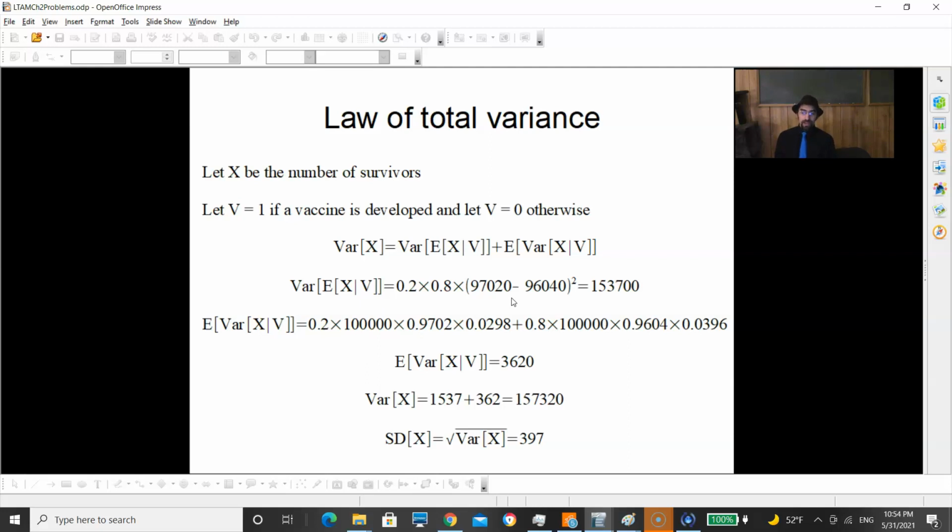Then, the expectation of the variance of X is, so there's a 20% chance that the variance of X will be 100,000 times 0.9702 times 0.0298, right?